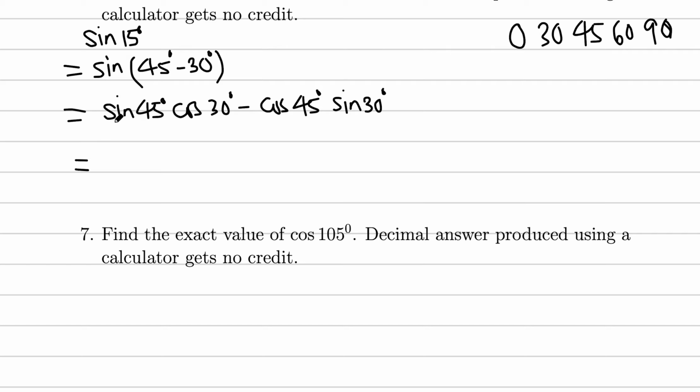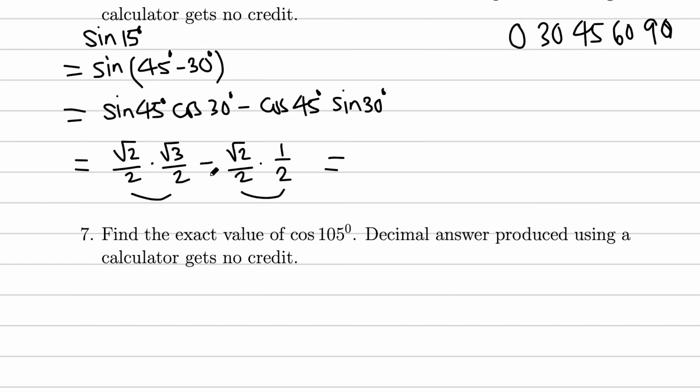Now from the unit circle we can find the values, sine means y coordinate. Sine 45 is root 2 over 2, cosine 30 is root 3 over 2, cosine 45 is root 2 over 2, sine 30 is 1 over 2.